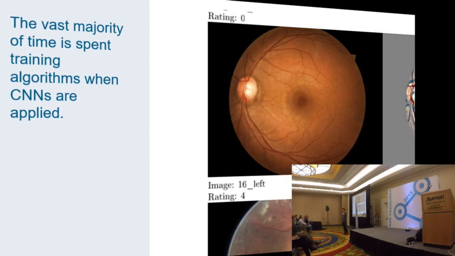It's easier to see the edges. In this case, this is a very diseased eye, and again, the diabetic retinopathy is marked by some of these blemishes on the blood vessels. And you can see those blemishes are a lot easier to see in the pre-processed image, or the image that has been done over by a convolutional neural network.